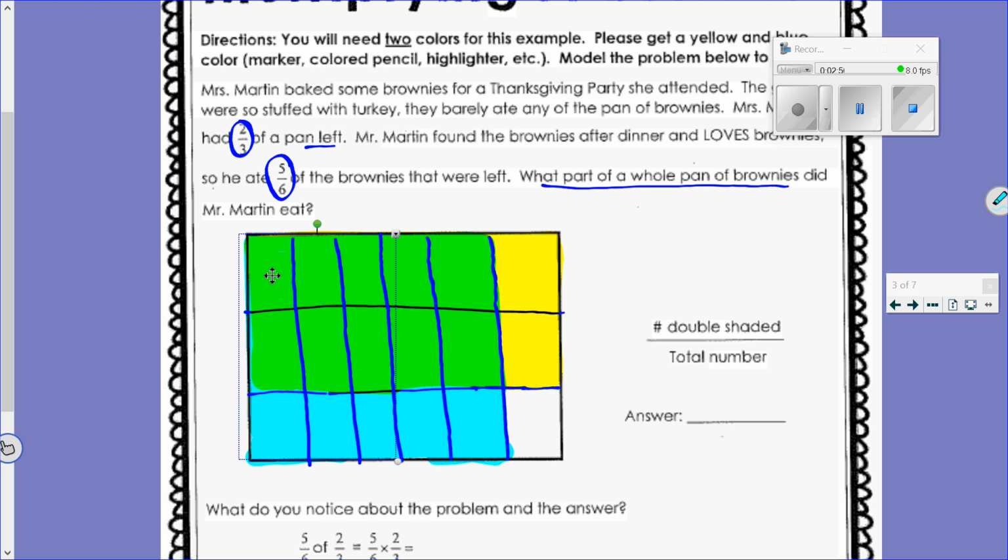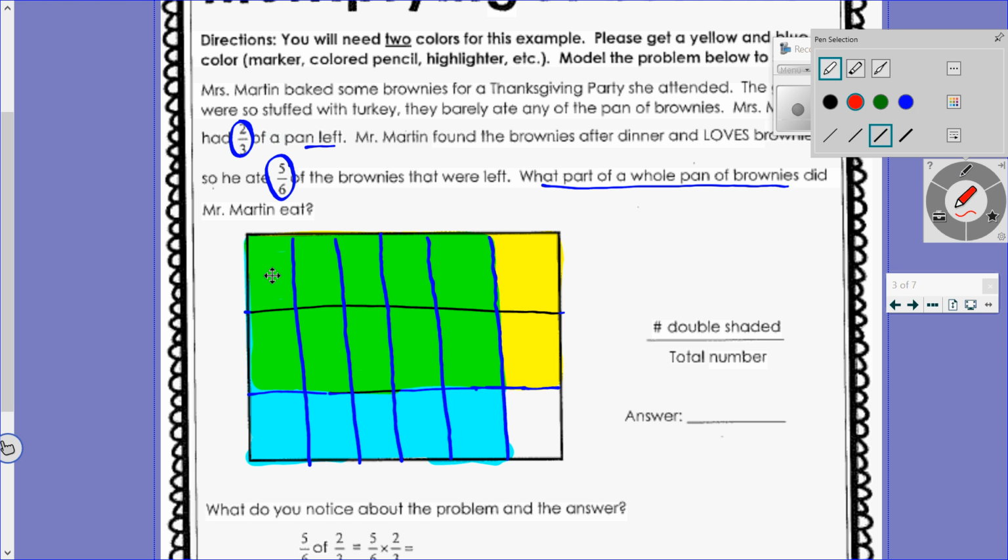Each of these pieces is how big? 1/18. It is 1/18. So in each piece, I'm going to write that because it'll be easier for you to see.